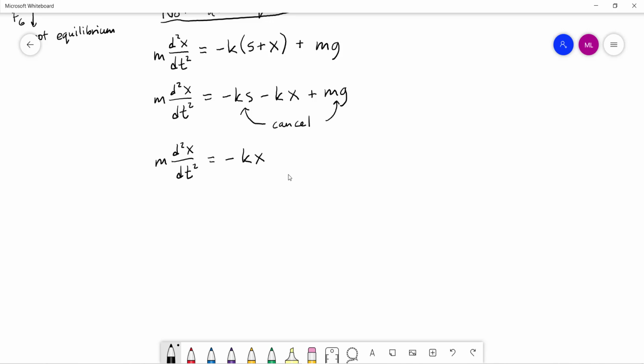So this is the equation that we're looking at right now. If we moved everything over to one side of the equal sign, a common way that you'll see this rewritten is m d squared x dt squared plus kx equals 0.